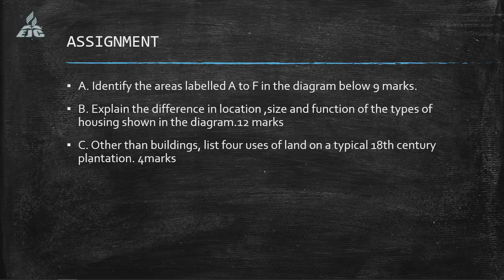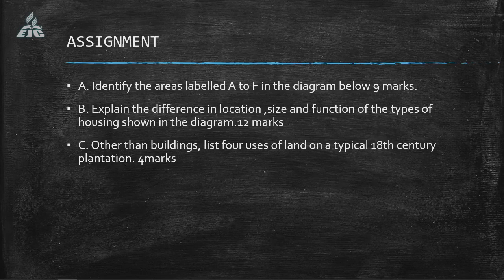And this is worth 9 marks. So students, based on the marks, you will know that this assignment should be at least 3 well-developed paragraphs. B, you are to explain the difference in location, size, and function of the types of housing shown in the diagram, 12 marks. Based on the mark scheme, you'll know that this is asking you to give me at least 4 well-developed paragraphs.